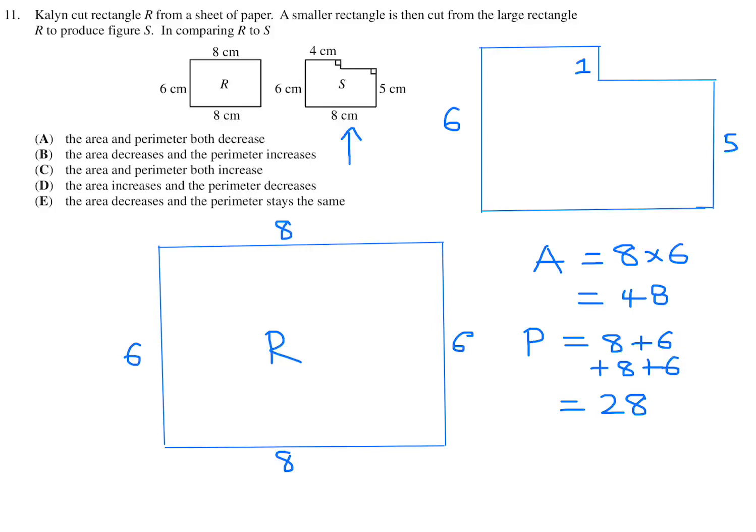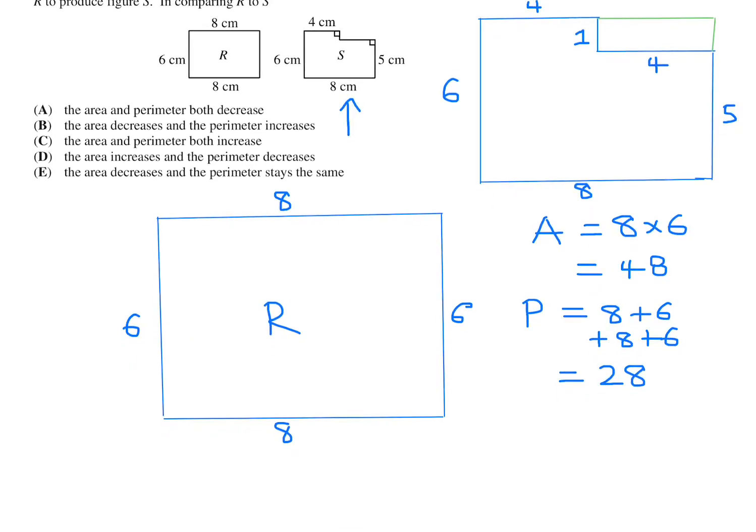And similarly, if this is 4 and this is 8, then this is 4. All right? So we can proceed with this, and I'm going to draw the cutout portion in a different color, just to represent that it was indeed a piece that's cut from that shape.